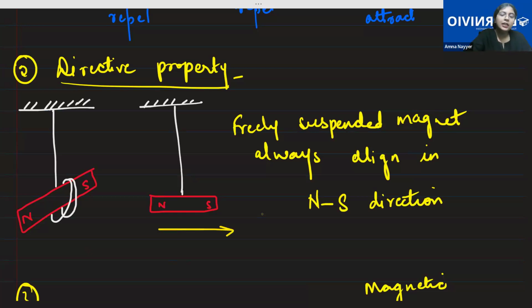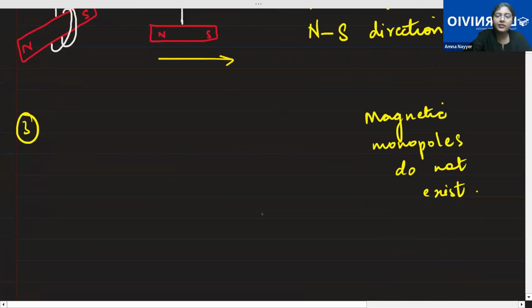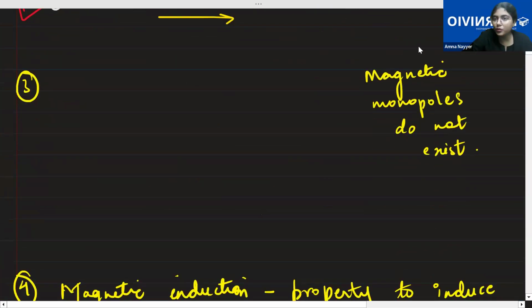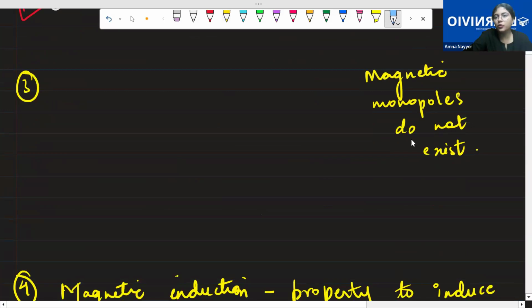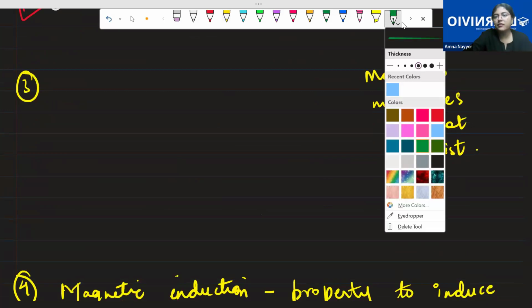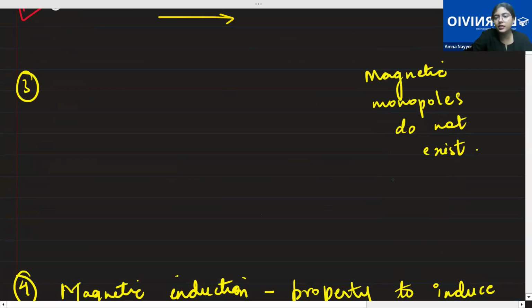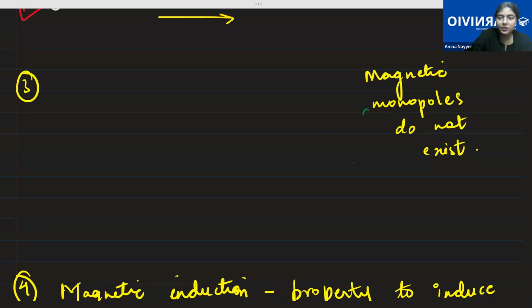Like this. Then we have the property about magnetic monopoles. When we talk about monopoles, it means you have single polarity species.